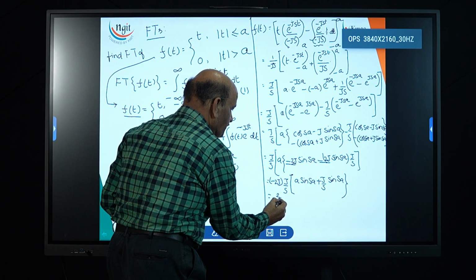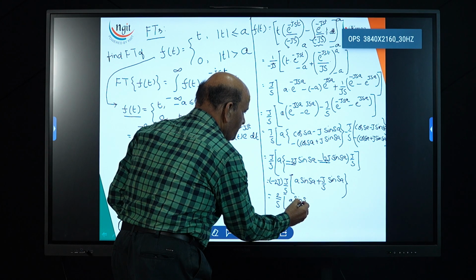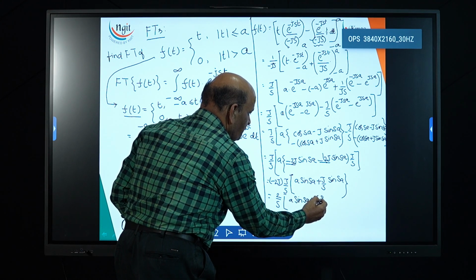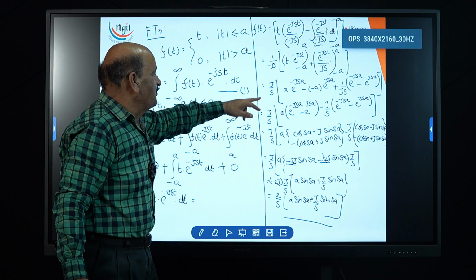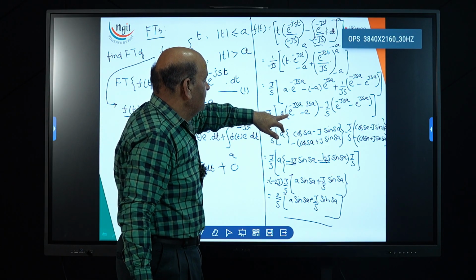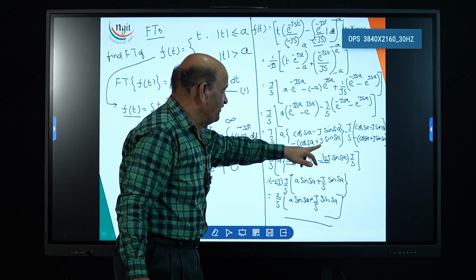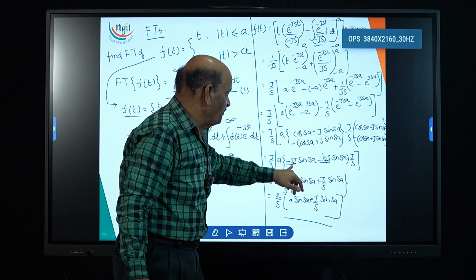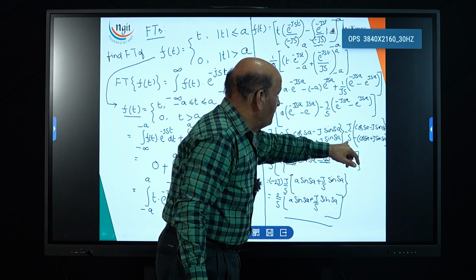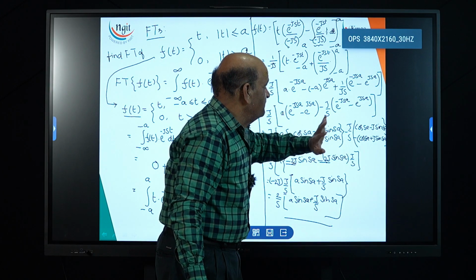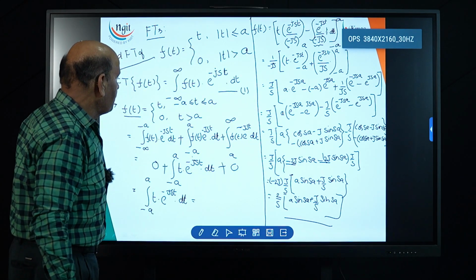J square is minus, so this is 2 by s of a sin sa plus j by s sin sa. Understanding? Here you just have to make it a concept. E power minus jsa is cos sa minus j sin sa, minus of cos sa plus j sin sa. These two cancel. Output is minus 2j sin sa. That is the lower limit. Understanding? So this is the simplification of this problem. Understanding? Thank you.